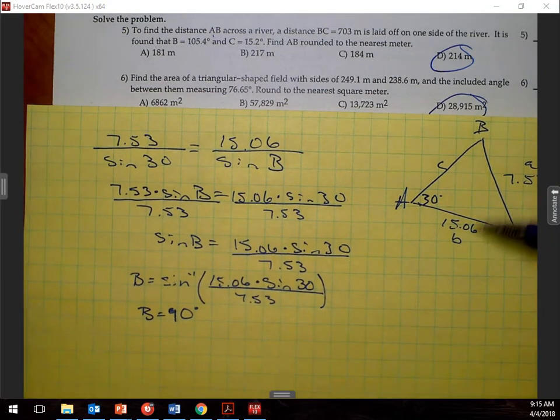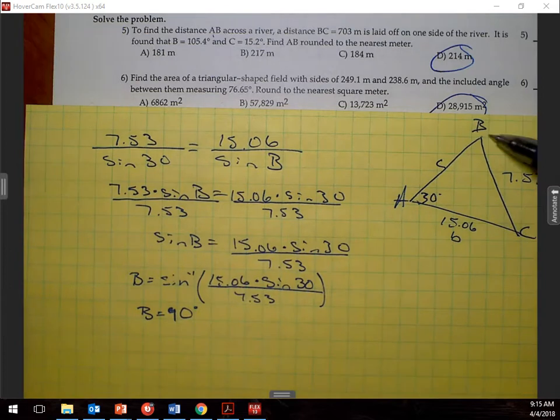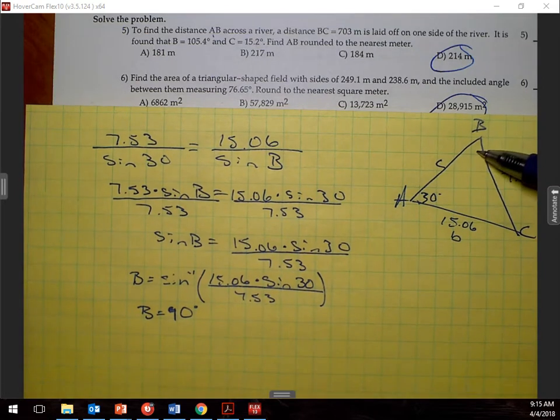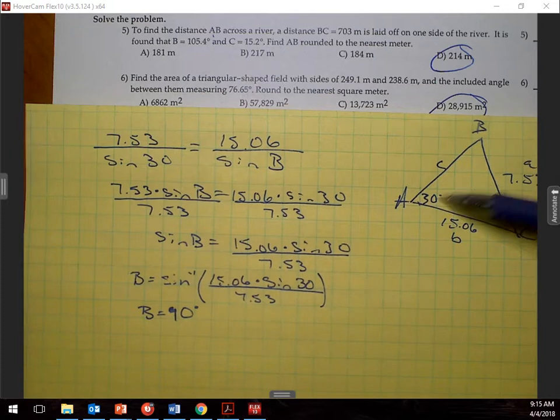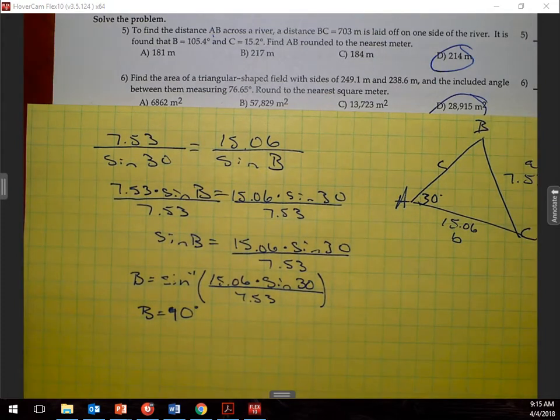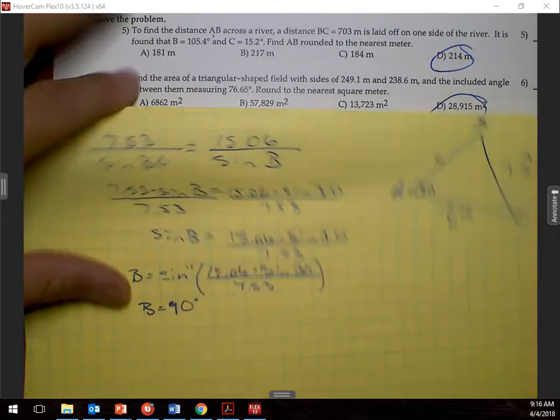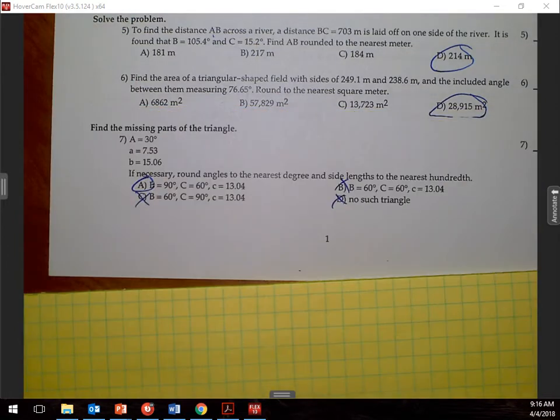B is supposed to be bigger, right? So if we get a value where B is less than 30, that would not be a triangle. And what would your calculator say? Undefined. Yes, undefined, so you would say no triangle there, right? Okay.